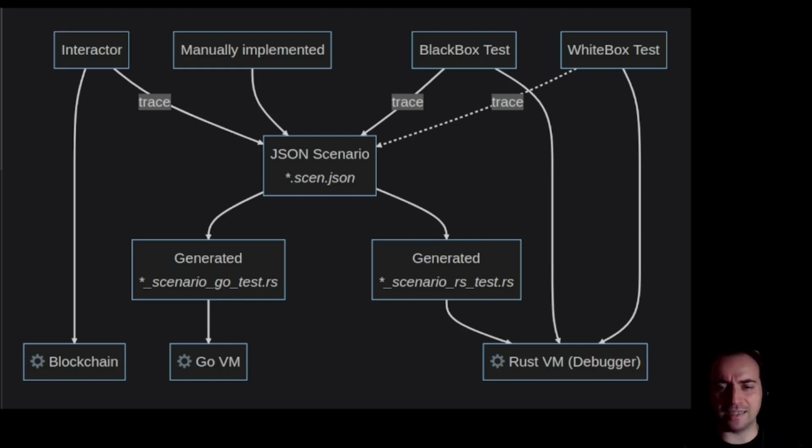So as you can see here, there are 3 ways to run Rust tests in the debugger, and there's one way to run Go tests using the Go backend right now, and one way to run the same transactions on the blockchain. And they're all interconnected with this scenario format that defines how we think about contracts and their execution.